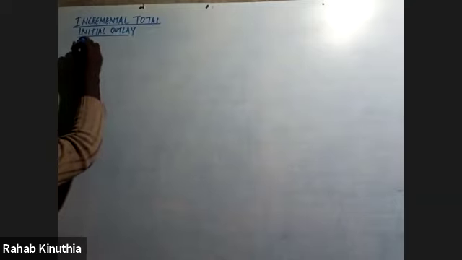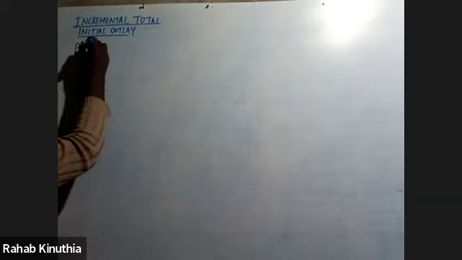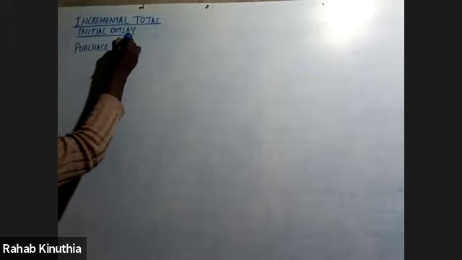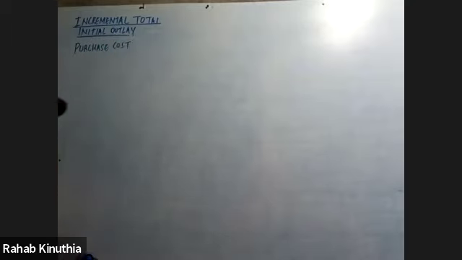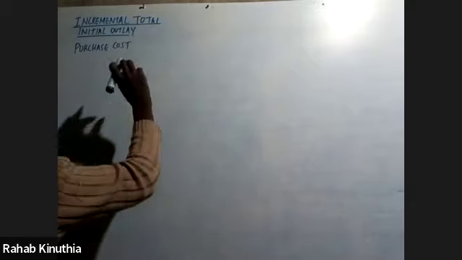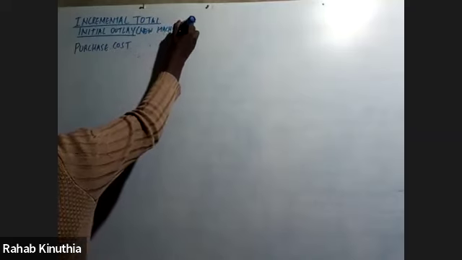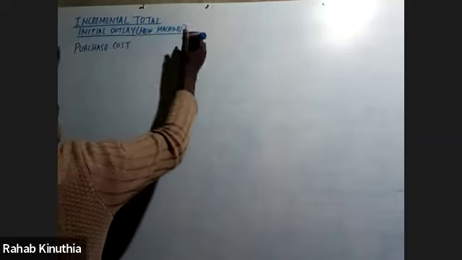Then we start with purchase cost. So what is the purchase cost according to the question? According to the question, the purchase cost is 12,560,000. Remember, this one is for the new machine.